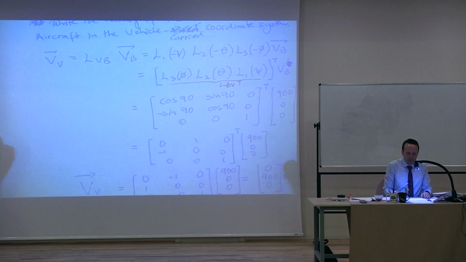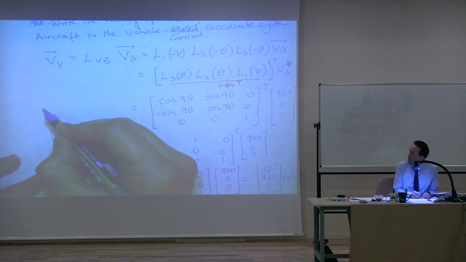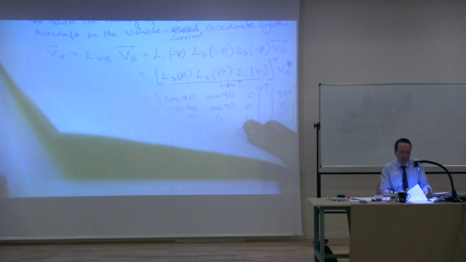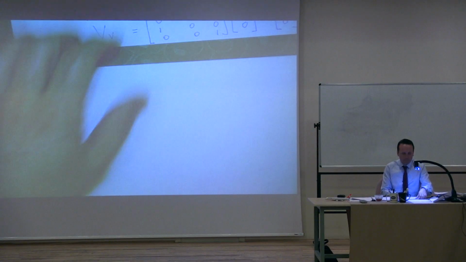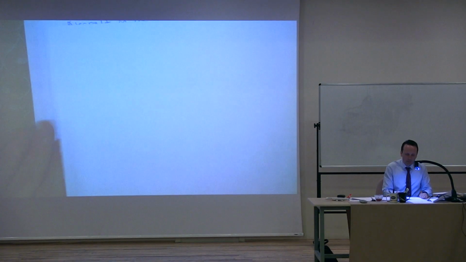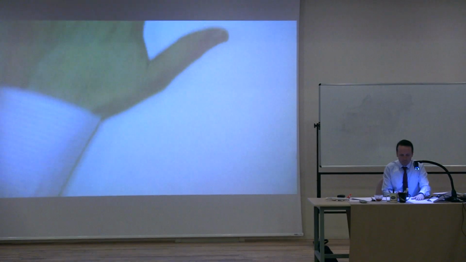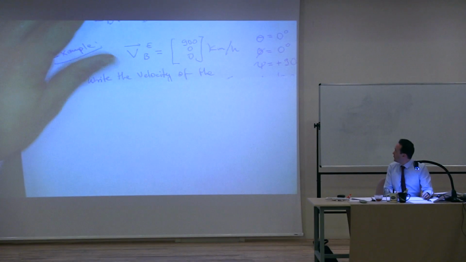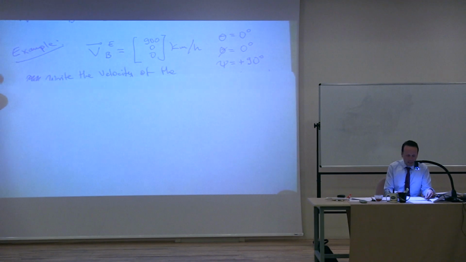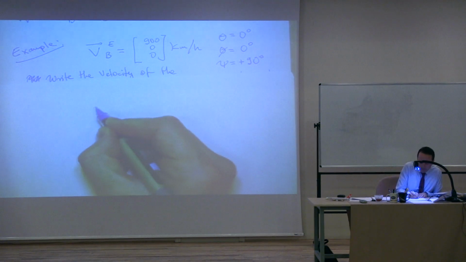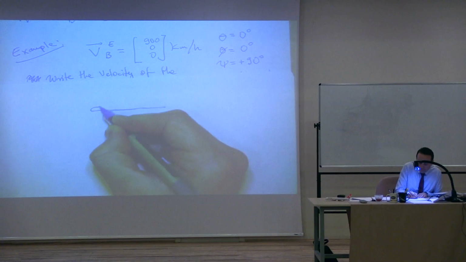So let's think about this for a second, what we found, or look at the question, better to say. Okay, this was the question. And if you think about it, this is the airplane. It is at 0 theta.